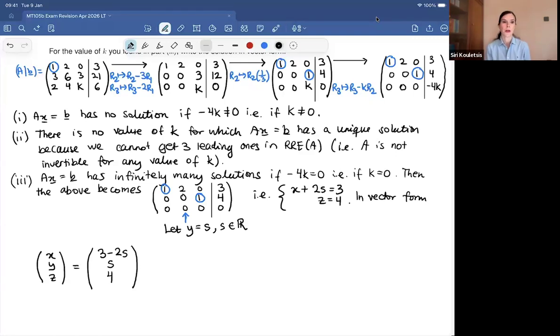Now we can go one step further and separate this into a point here that doesn't involve s, plus a so-called direction vector here that multiplies s.